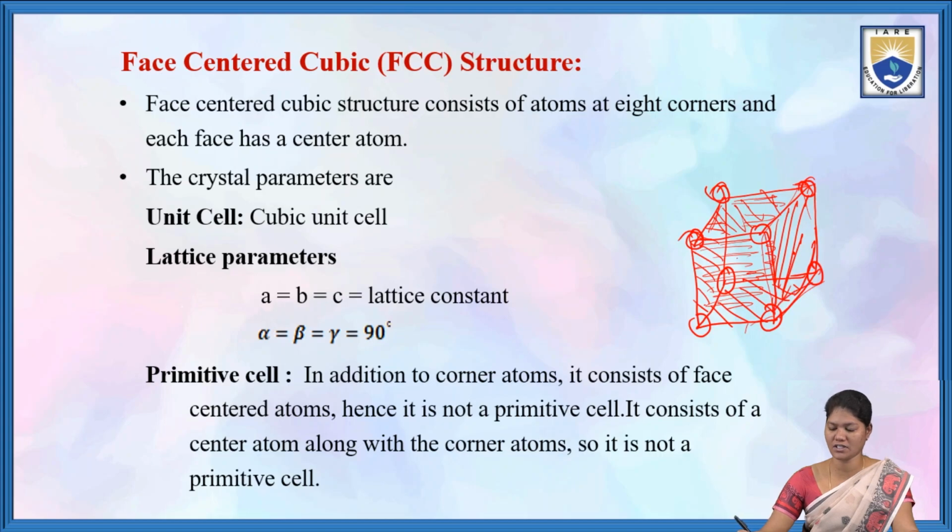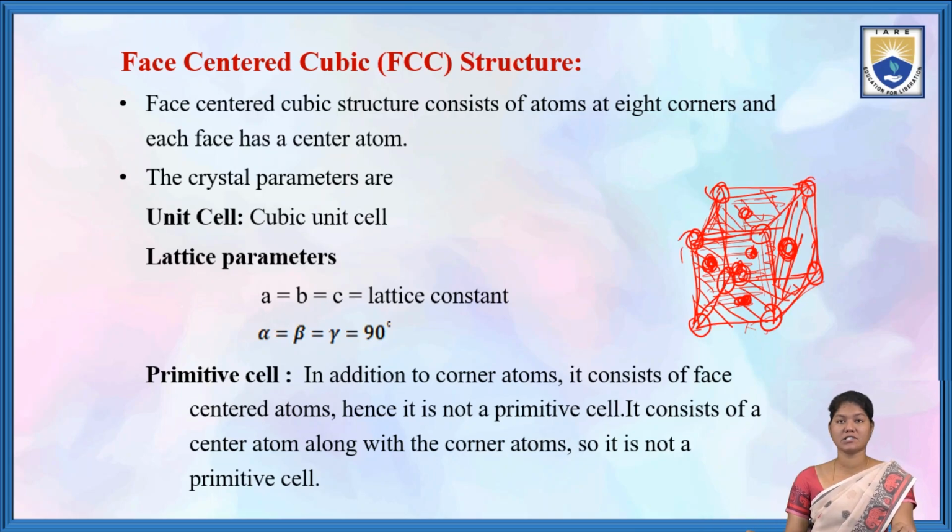In this face there is an atom, and in the front face there is an atom, like here in this face, and the top, the bottom, the front side as well as the back side. At each face there is an atom at the center.